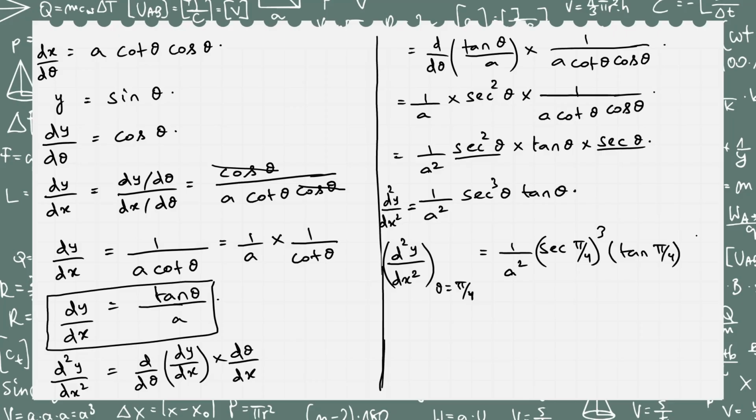And we know that secant pi by 4 is secant 45. Secant 45's value is root 2. So this will be 1 by a square into root 2 to the power 3, and tan 45 is 1. So this will be root 2 cube by a square, or we can write it like 2 root 2 divided by a square, because root 2 cube equal to 2 root 2. The final answer.